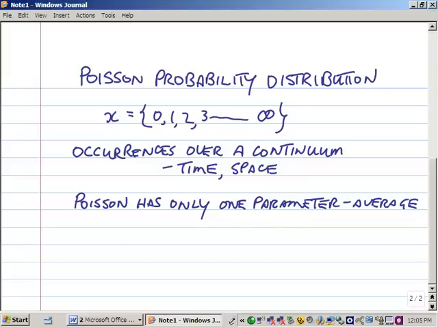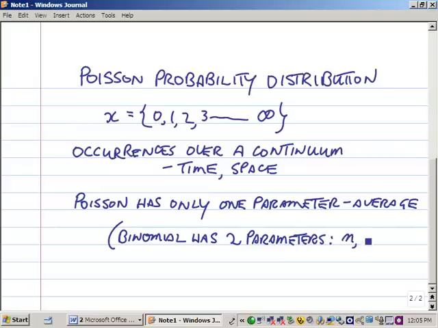In contrast, the binomial has two parameters: the number of trials and the probability of success on one trial.